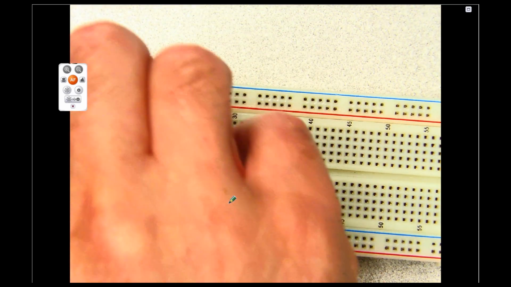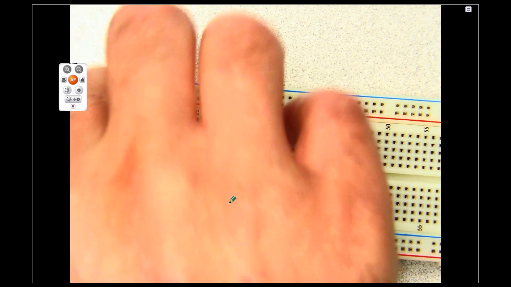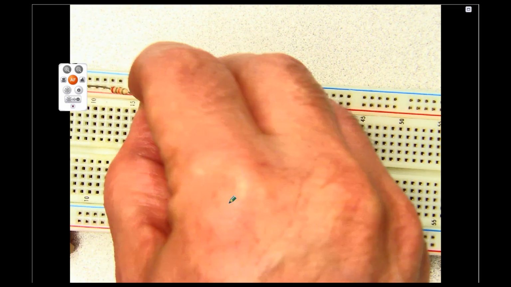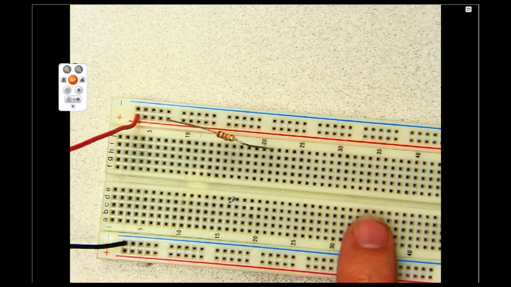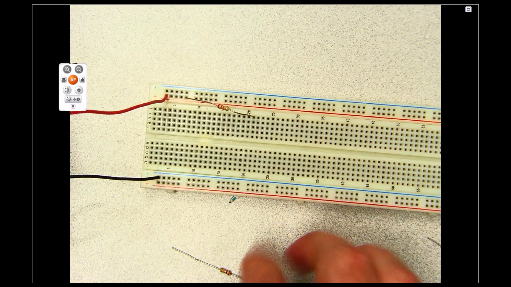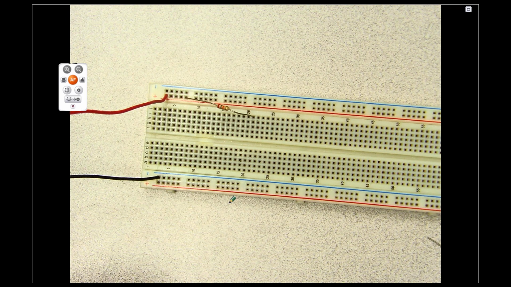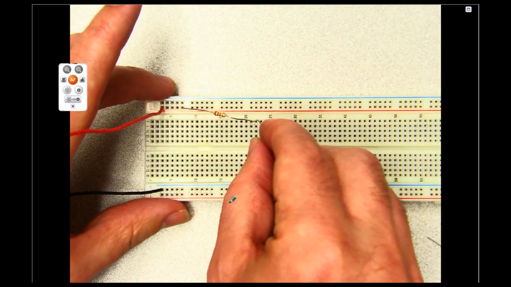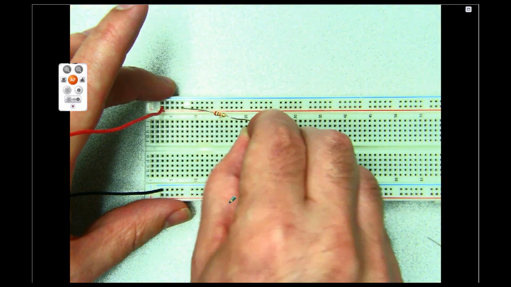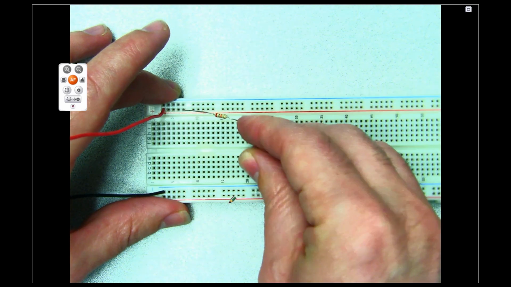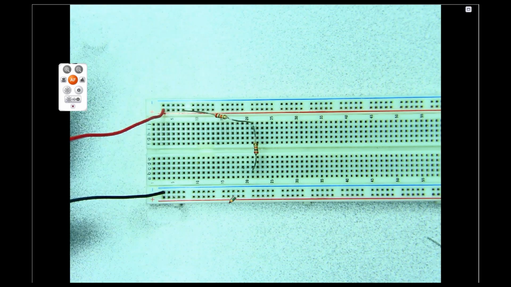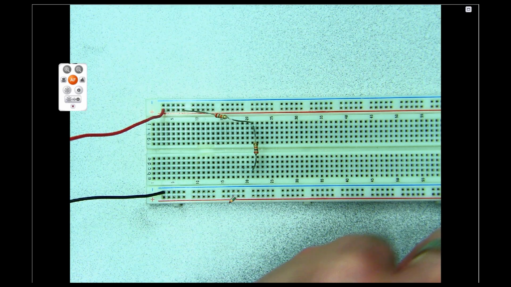Let's say you've got your circuit set up, and you've got one resistor up there, and then one resistor here, and then one resistor down here.